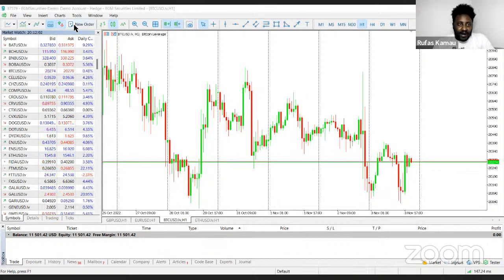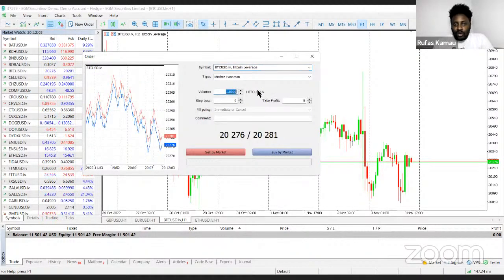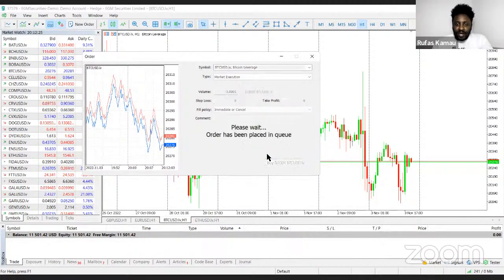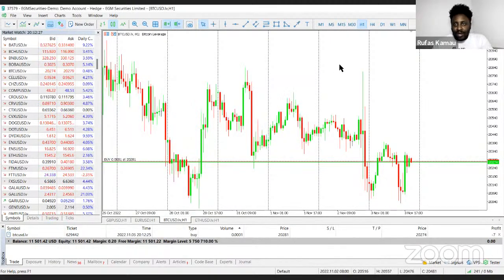Click on new order, then select the amount of Bitcoin you'd like to trade. Remember, you can trade as little as 0.0001. This is the minimum you can trade. That is like 1 over 10,000. Let's say you speculate that the price of Bitcoin is going up, and then you go for a buy trade. You click buy, and the trade is executed immediately.